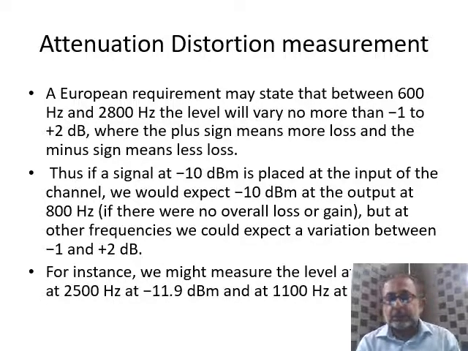Now, I would like you to understand that the initial signal being sent has units of -10 dBm, and the gain or the loss in between is given in dBs, and that ranges between -1 to 2 dBs.